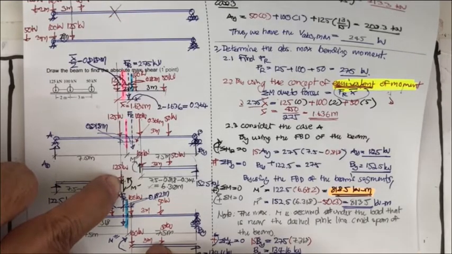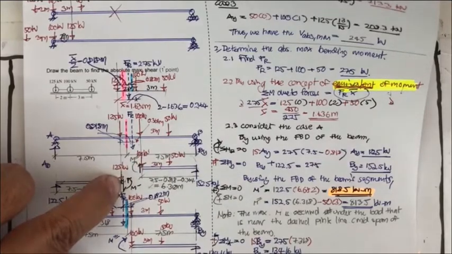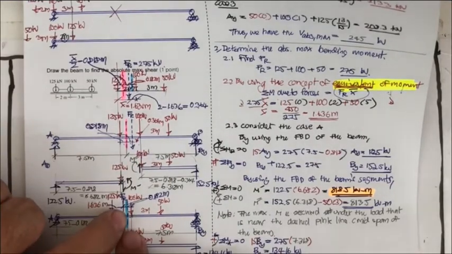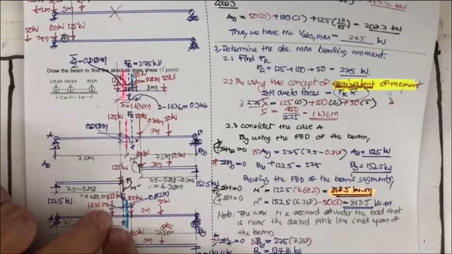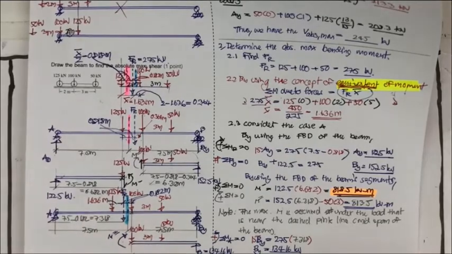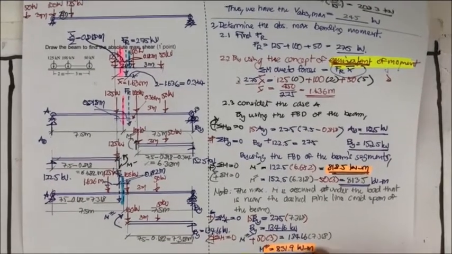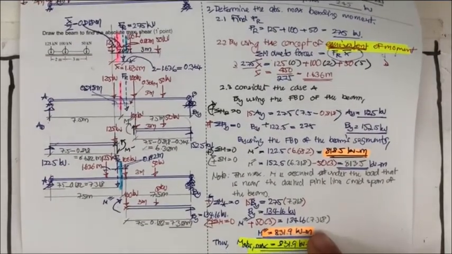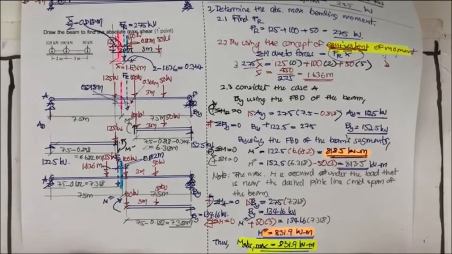The M prime is larger than the M double prime. So we can apply this concept. This one is closer to the center than the 125, so we arrive at the absolute maximum bending moment as we have. Okay, let me end this example here.